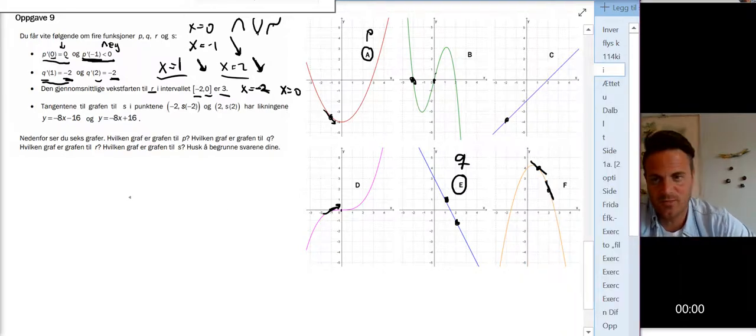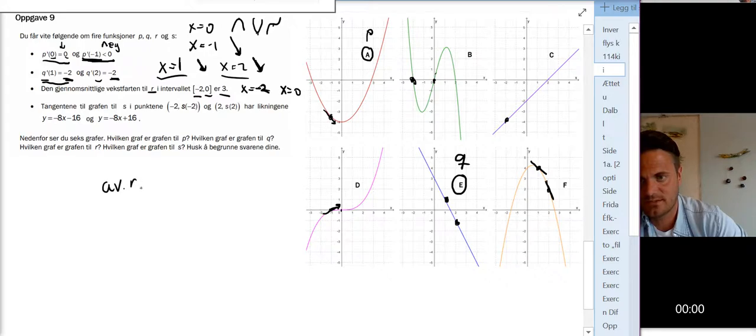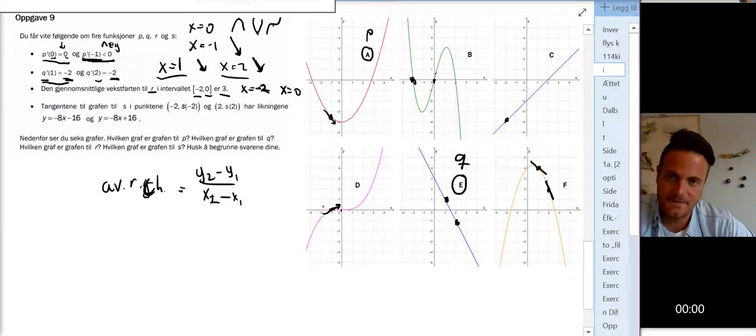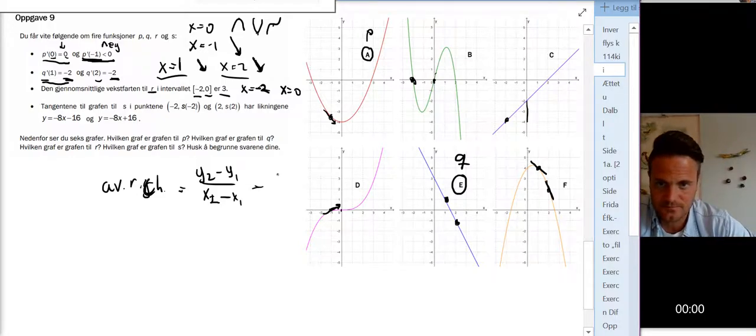Remember the average rate of change. You can use this formula if you want. If you look at the formula booklet, you will see that there's this formula. And here we see that the change in y is 2. So it changes by 2 in the y direction.